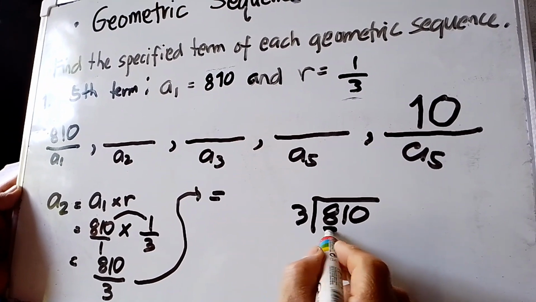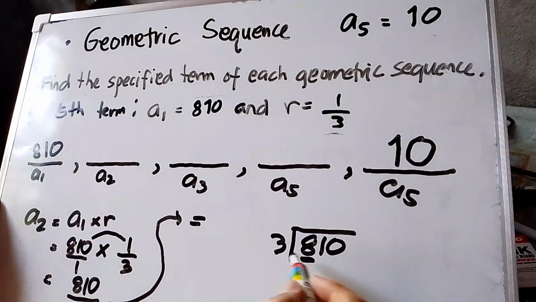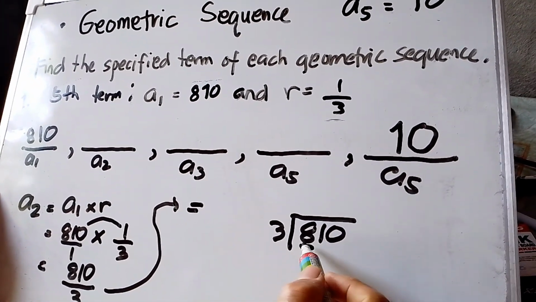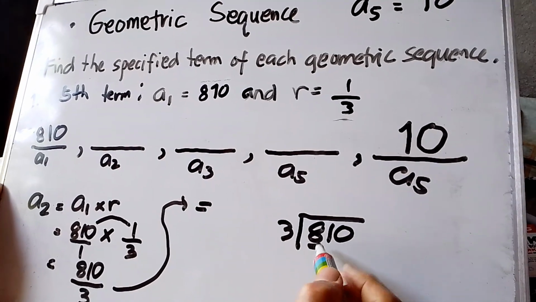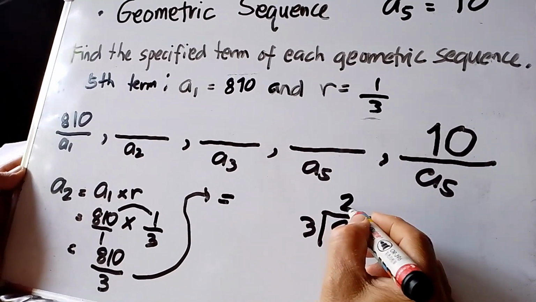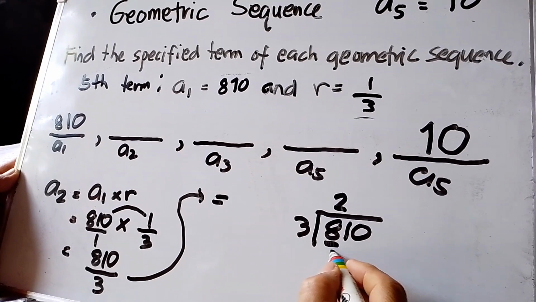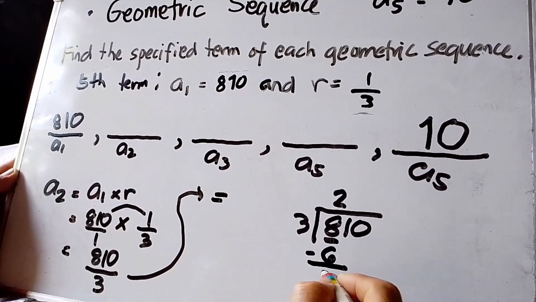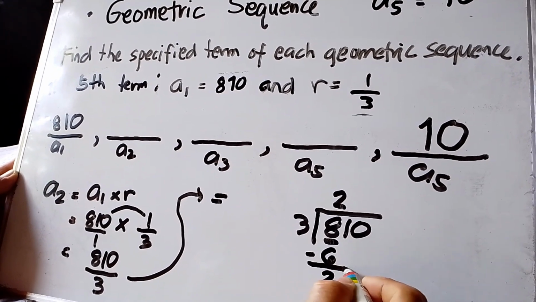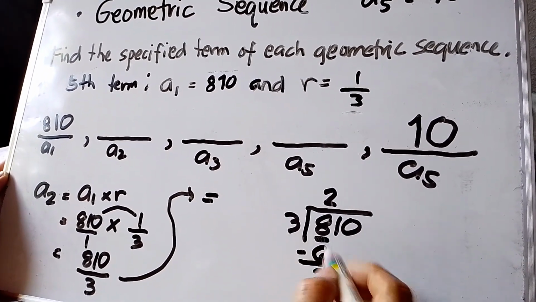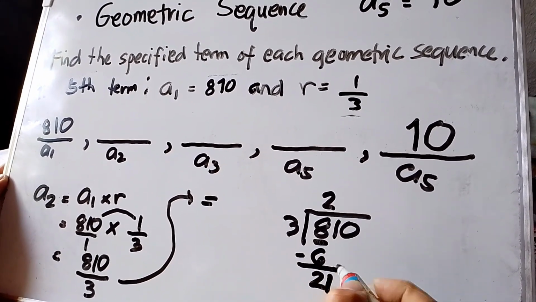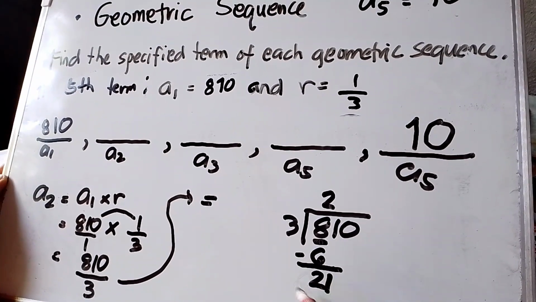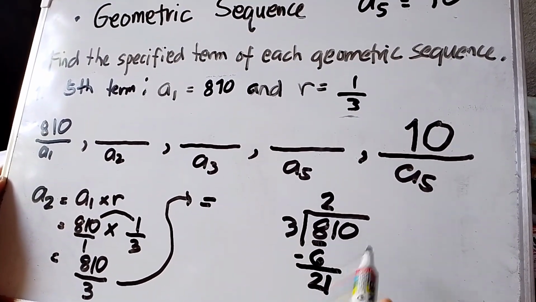So I can divide 8 by 3 by estimating. So how many 3 do I have in 8? So I have 2. So 2 times 3 is 6. And then 8, take away 6, that will be 2. Since 2 cannot be divided by 3, so bring down 1. Now, how many 3 do I have in 21?